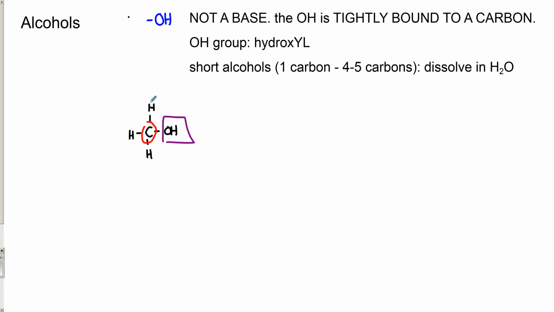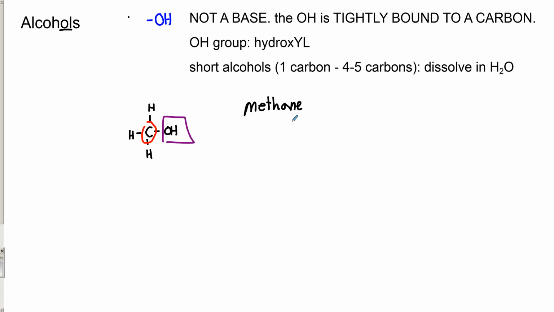So we know that if this was a hydrocarbon that was just H's around here, it would be called methane. But the nice thing about all of these chemicals is that they give you a hint about what to call them. Remember, alkenes ended in "ene" and alkynes ended in "yne", Y-N-E.